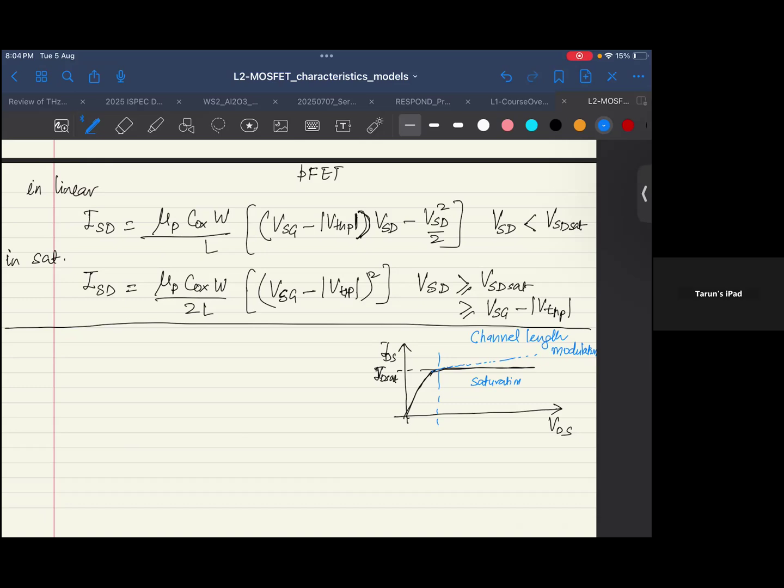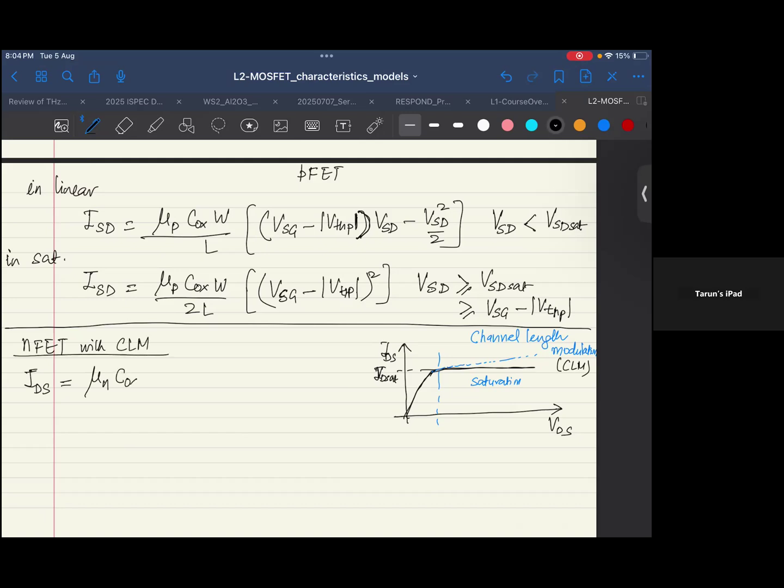So how do I model it? Would my model change substantially when I do that? No. What I need to do is just put in one more term. So let's say for NFET, I'm modeling NFET with CLM. I call it channel length modulation, right?